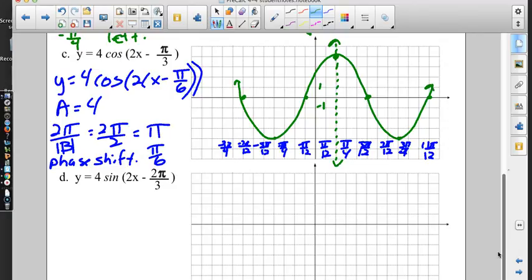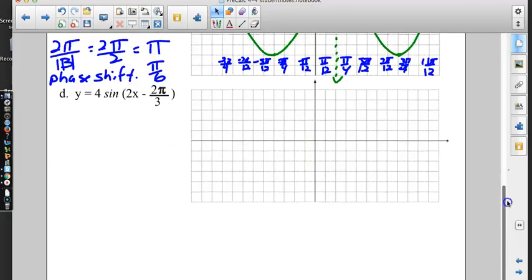Okay with that one? That was a lot to keep track of, right? Imagine now that there's a negative in front. Now we just keep getting new pieces. All right, so let's try this one.